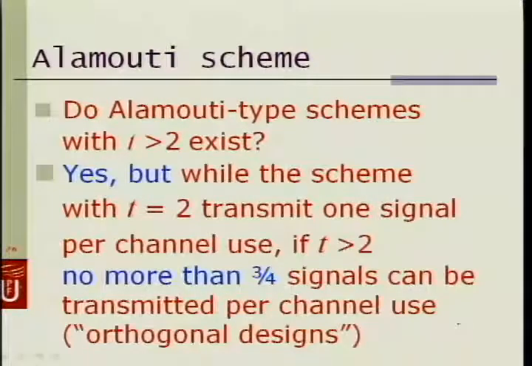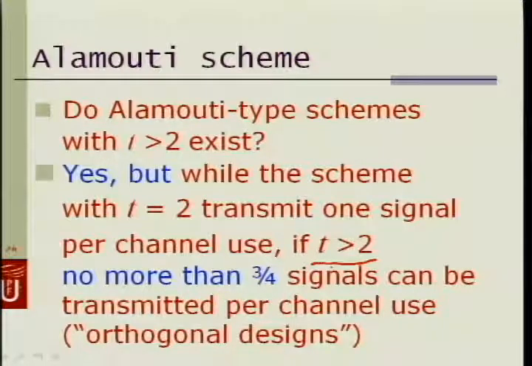The point is that an Alamouti scheme that performs this well does not exist if we want to use more than 2 transmit antennas. In fact, it can be proved that if we want the simplicity of the Alamouti scheme, I mean, a linear combination that separates the signals, then we have to give up something in terms of rate.